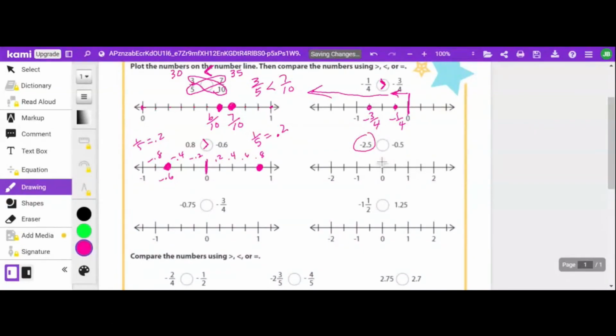And so if we start at 0, for negative 2.5 we would go negative 1, negative 2, and negative 2.5 sits right there. Negative 0.5 is only a half. It's right here.